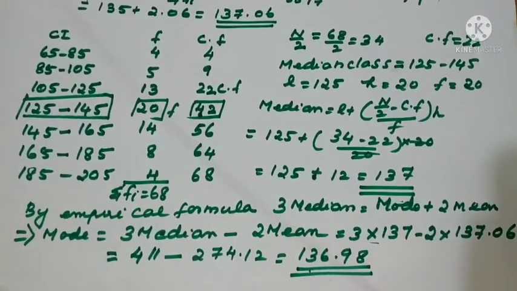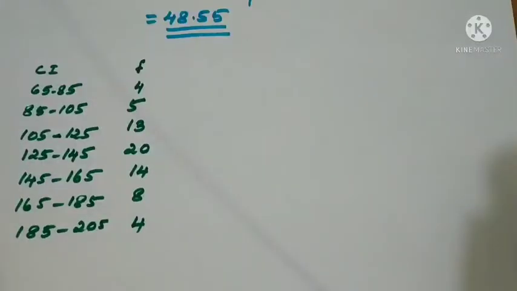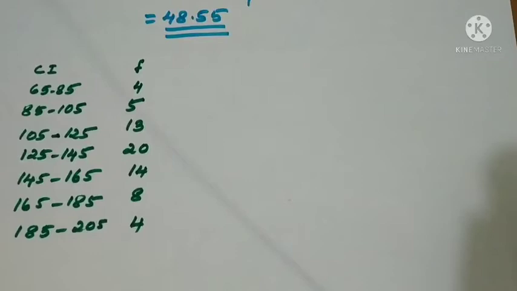Here what happens, we are calculating mean, median and mode, but in all the 3 cases it may be same, it may not be same, maybe 2 are same, maybe 1 is different, like that we will get. Here we have calculated by empirical formula only. We can calculate mode by direct method also, if a formula method is there. But in the exam, you will not get the time to do all the 3 methods. So at that time you can use the empirical formula and you will get the marks also, there is no problem.